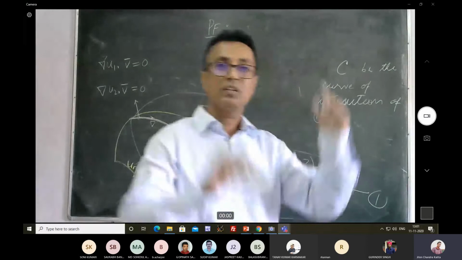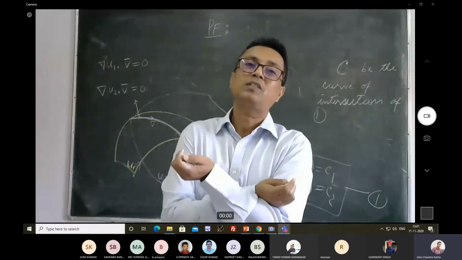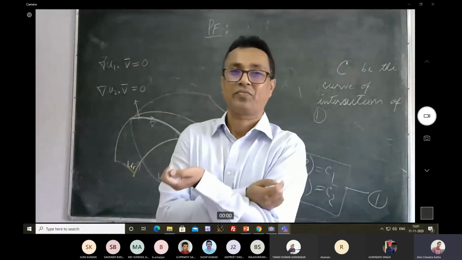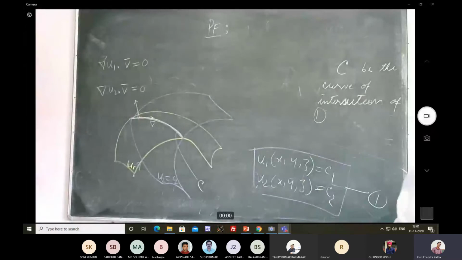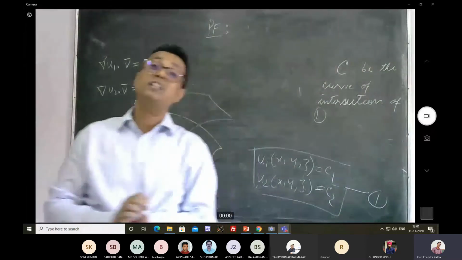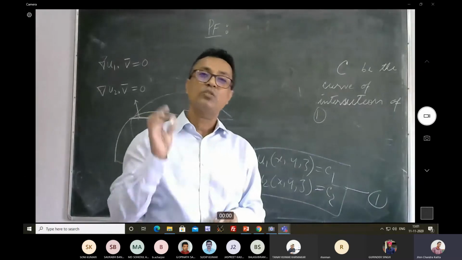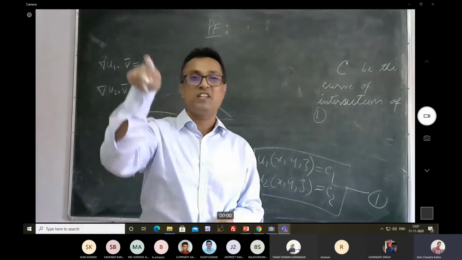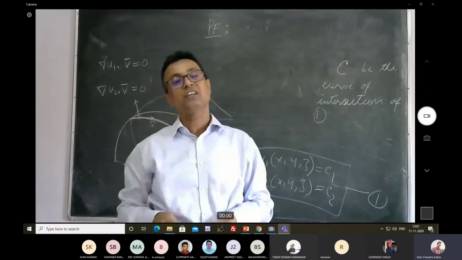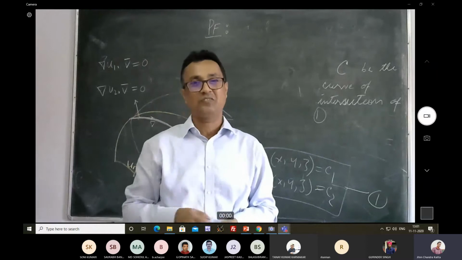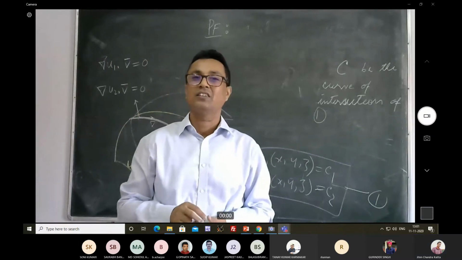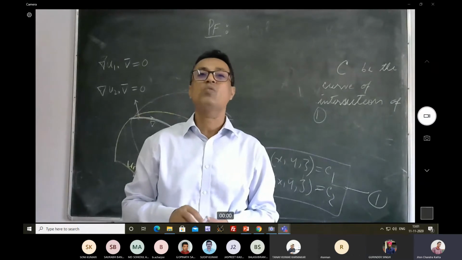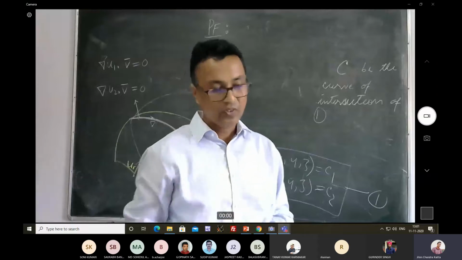So next, we are going to choose an arbitrary integral curve C of V, and prove that it is nothing but the curve of intersection of those two surfaces U1 equal to C1 and U2 equal to C2.